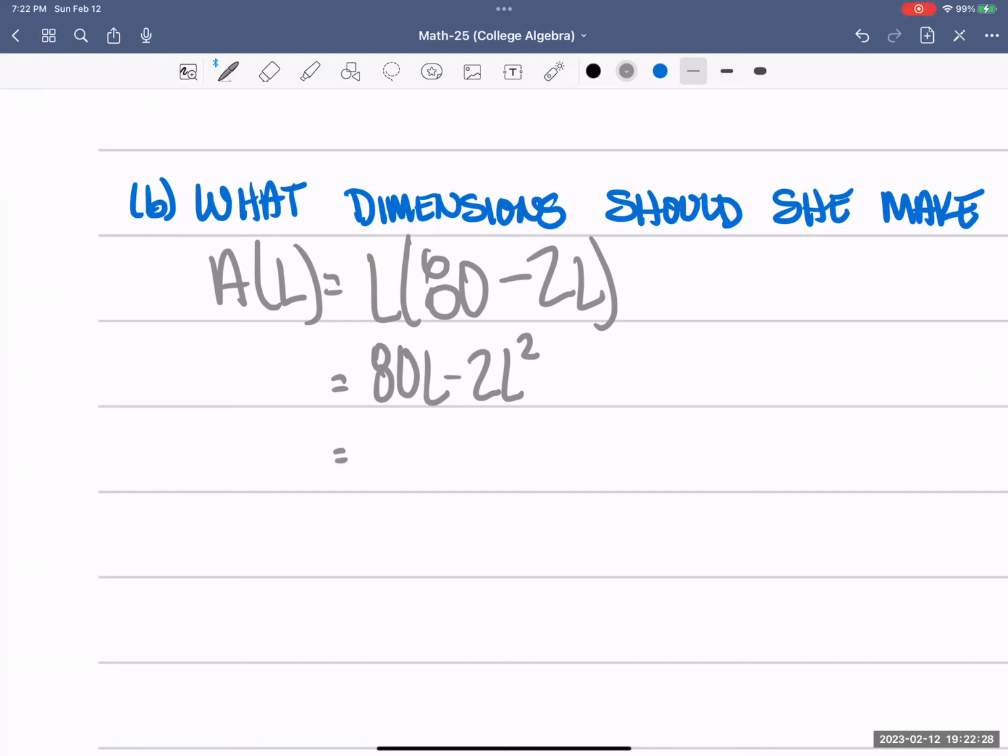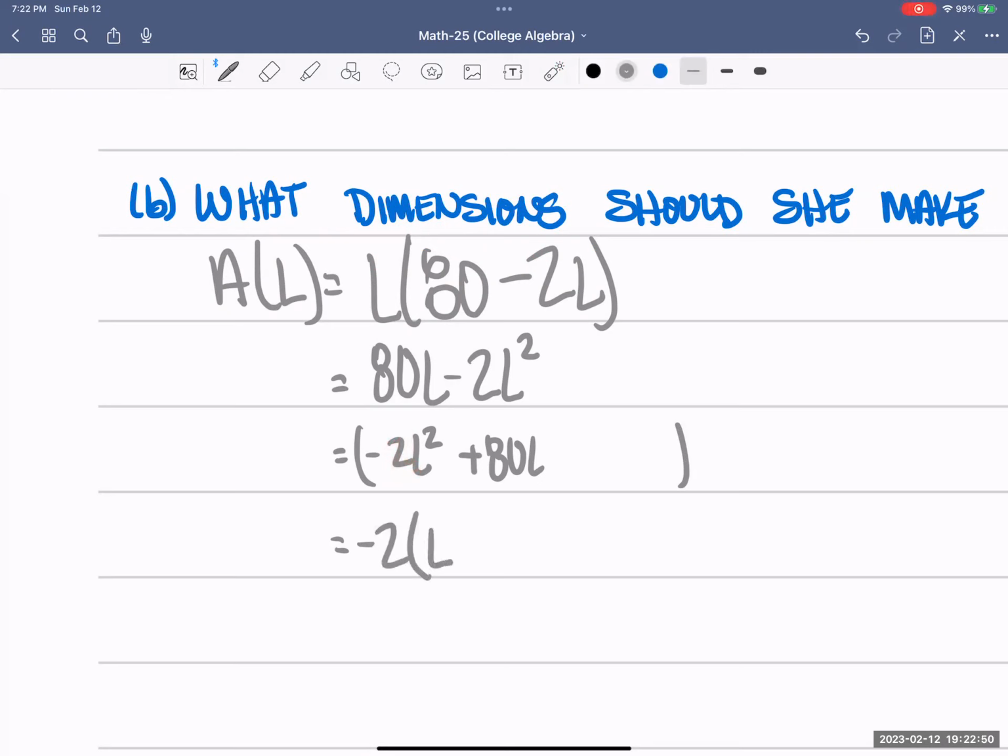And it looks like we could complete the square here. So minus 2L squared plus 80L. Let's group those two terms together. We need a coefficient of 1 here, so let's factor out a -2.